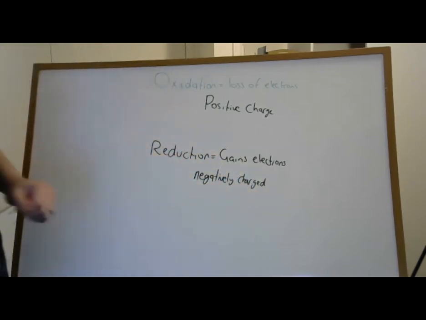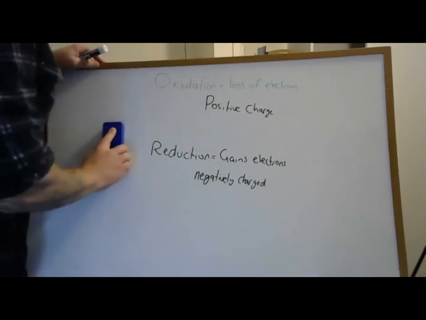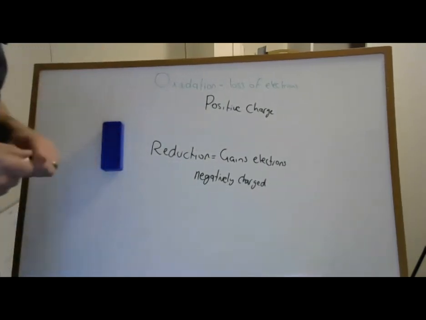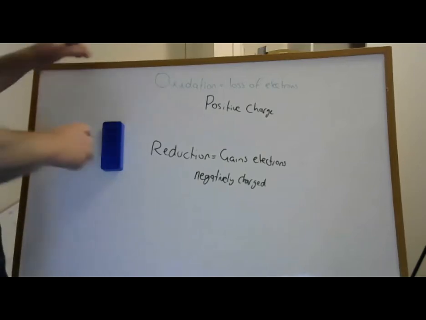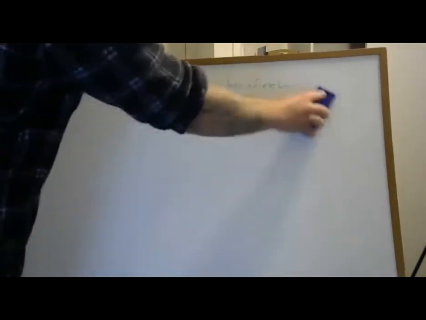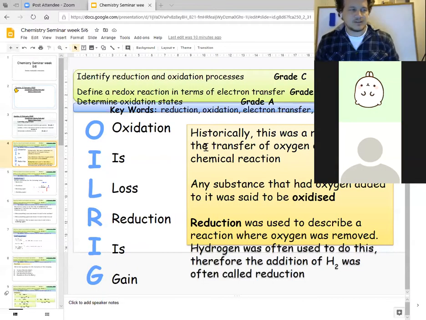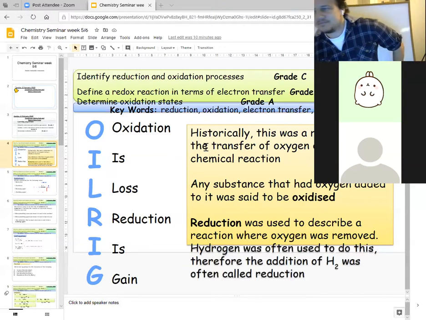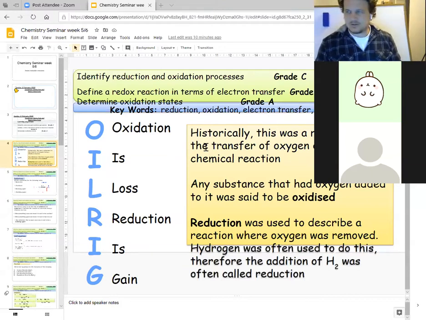Reduction, it gains electrons or it becomes negatively charged. I'm just going to leave it behind me because it saves me. So, OIL RIG: oxidation is loss, reduction is gain. One of the oldest tricks in the book.